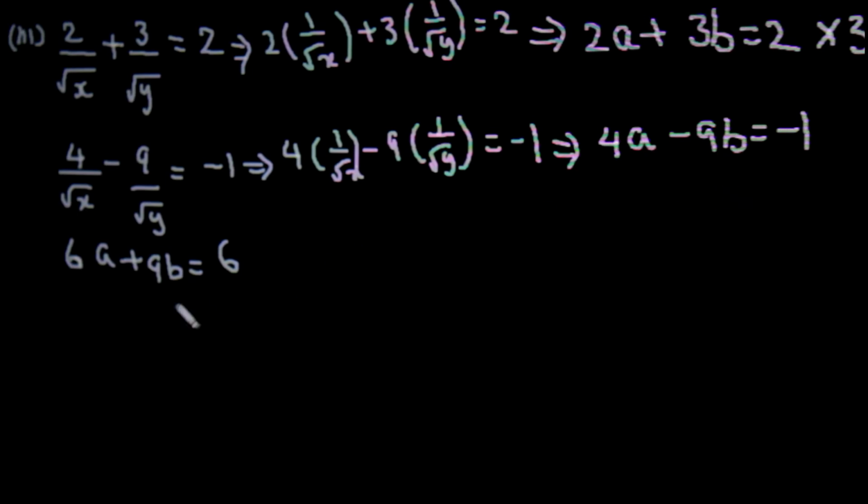Write the second equation as it is. 4a minus 9b is equal to minus 1.